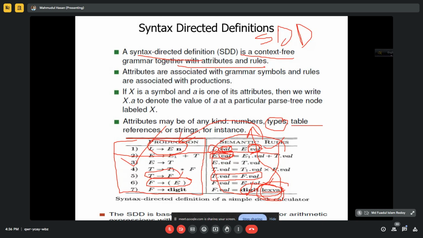It can also be a table reference, that means a pointer to the symbol table. So for syntax directed definition, with every production there are semantic rules. It is not mandatory that there is only one semantic rule; there can be one or more semantic rules for a production.